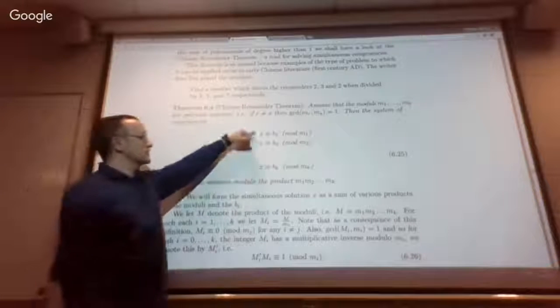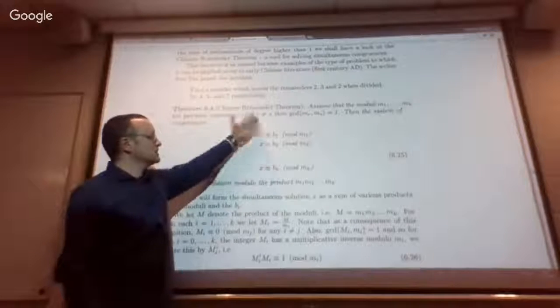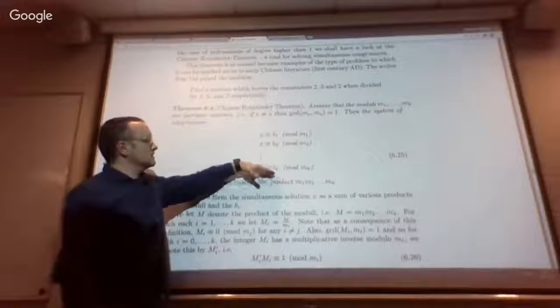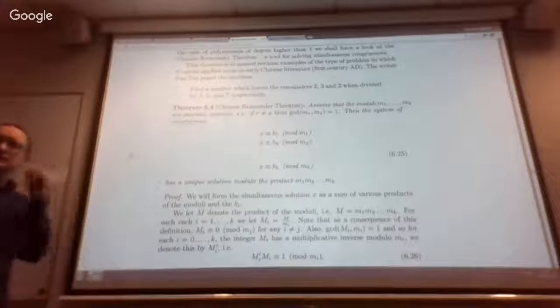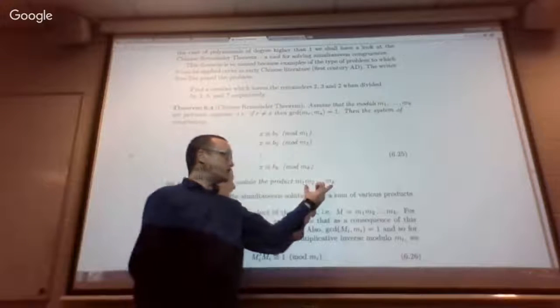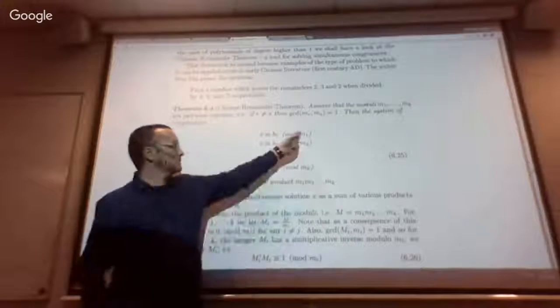So it provides an assurance that a set of simultaneous congruences modulo different moduli that are pairwise coprime can always be satisfied simultaneously, and satisfied uniquely modulo the product of all of them.